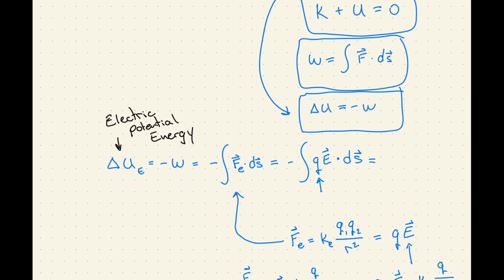The only thing the integration is integrating over is this ds. And since the ds is coupled to the electric field via this dot product, you can't pull out the electric field unless you make some further arguments. So in the most general case, we can pull out the constant Q on the outside of the integral. Let me draw that Q a little better. And we cannot pull anything else. This is the most general case for electric potential energy.